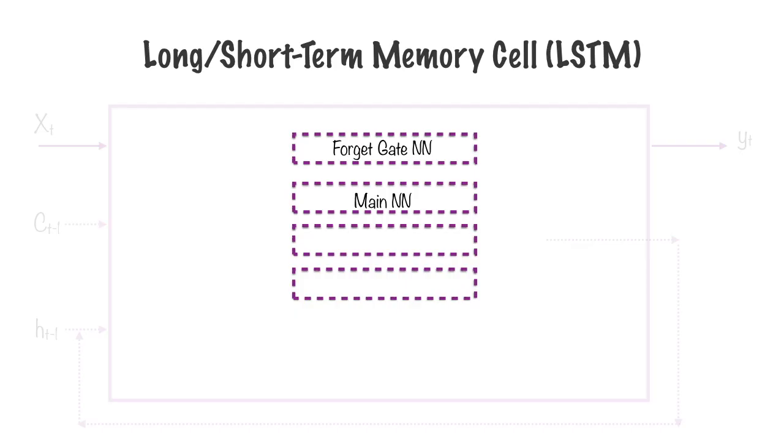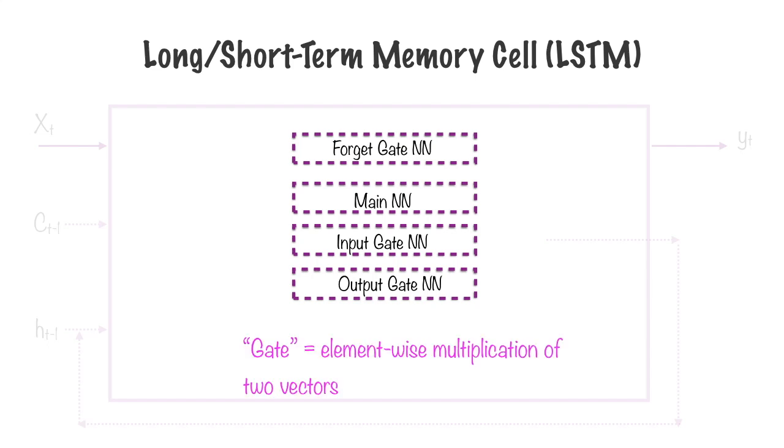But in the case of the LSTM cell, this main gate stores a part of its output in long term memory. The input gate controls which part of the input should be added to long term state. Finally, the output gate controls which parts of the long term state should be read and output at this particular time instant. All of these components are referred to as gates because they perform element wise multiplication of vectors.